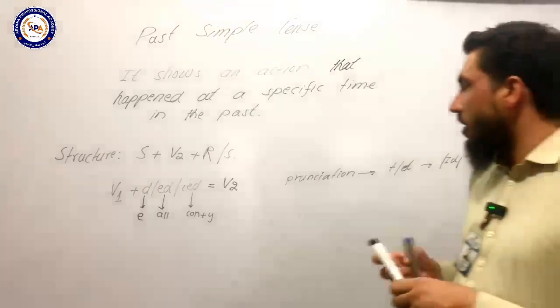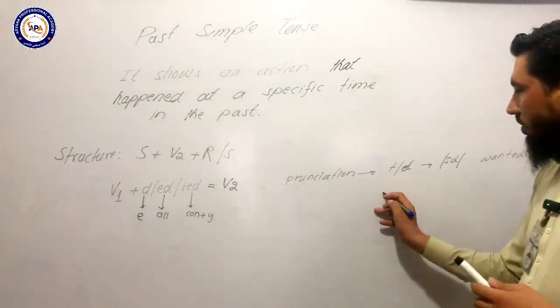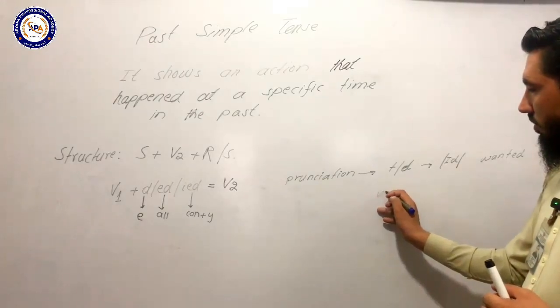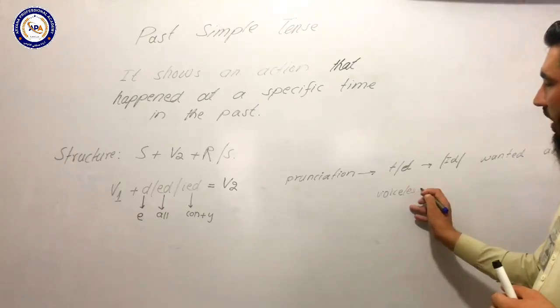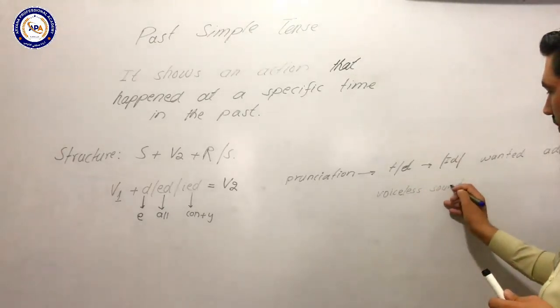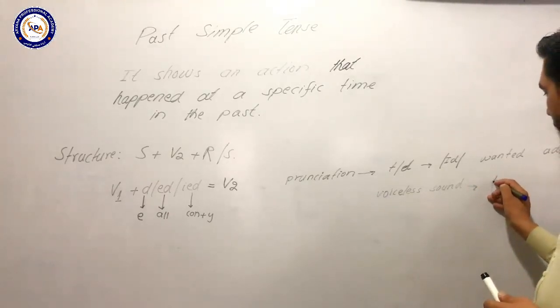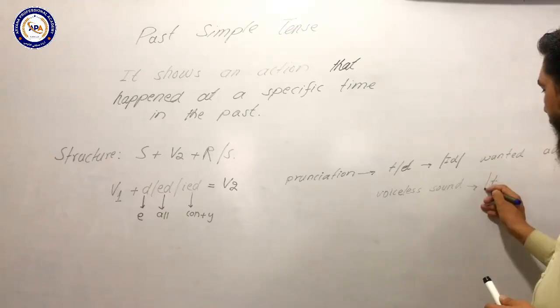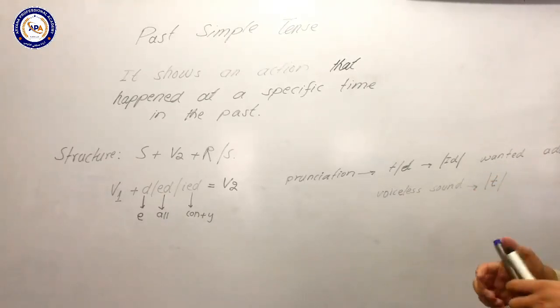And the second pronunciation, when a verb ends in a voiceless sound, the last D or ED is pronounced as T. And what are voiceless sounds?